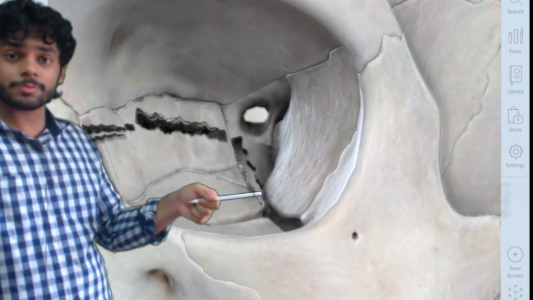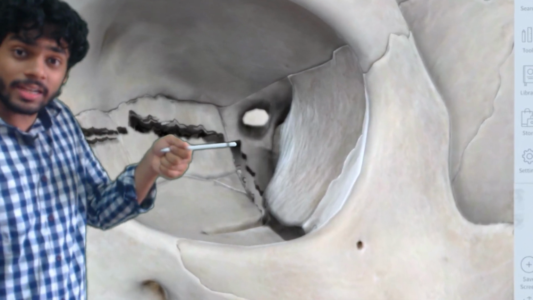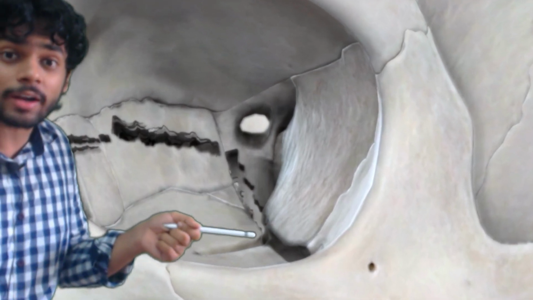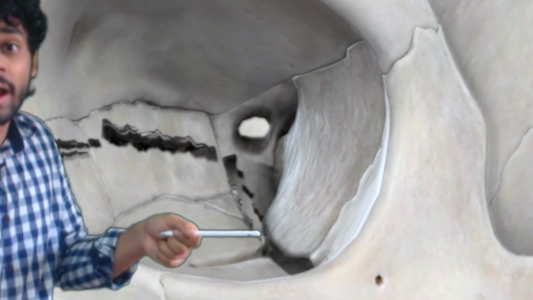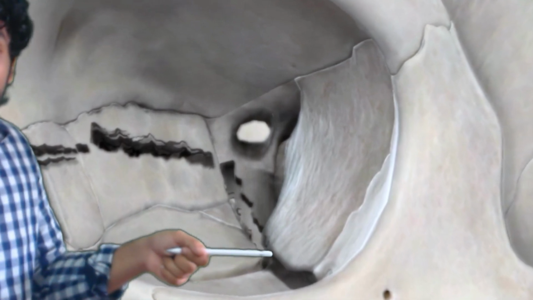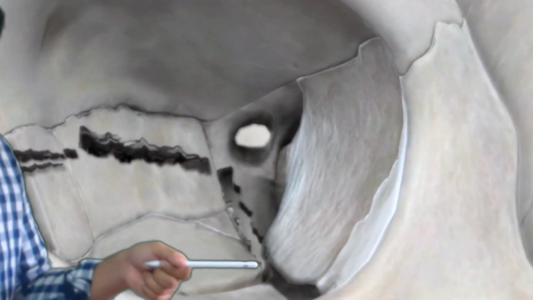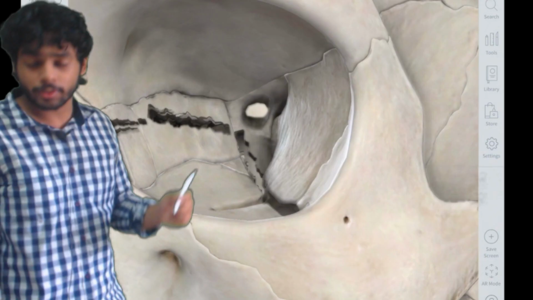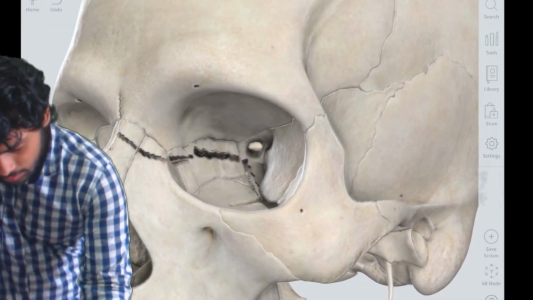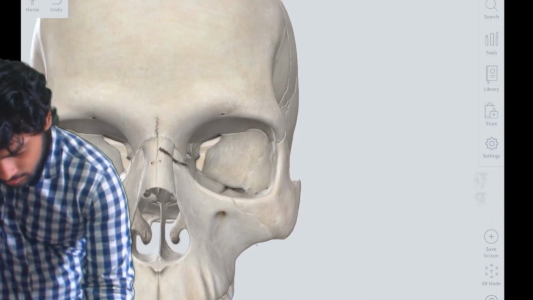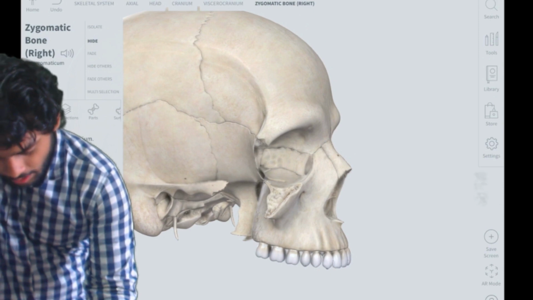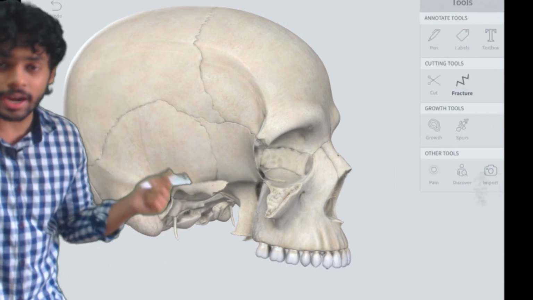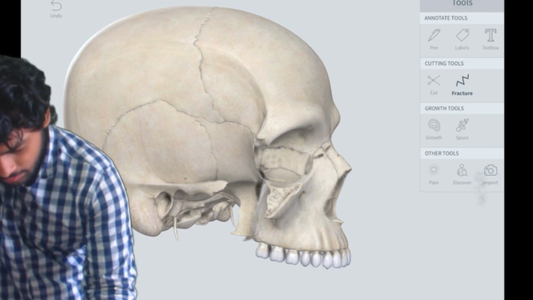Now the fracture line is passing laterally and downward, and it is meeting the medial aspect on the posterior part of the inferior orbital fissure. Okay, the inferior orbital fissure on the medial aspect. Now we have removed the zygomatic bone in order to see the inner side of the fracture, the inner fracture.